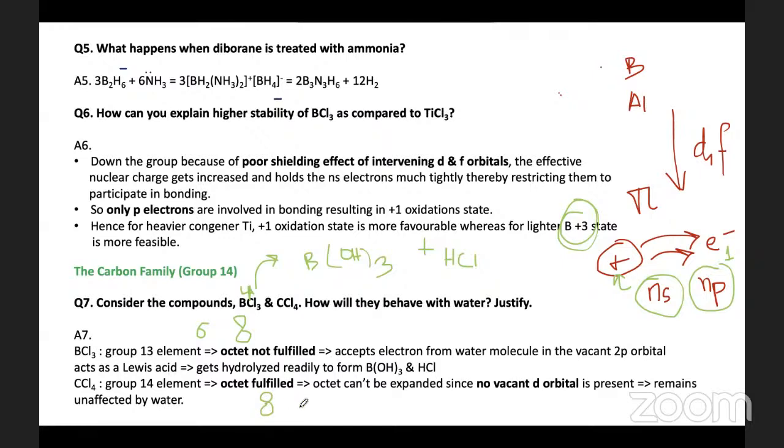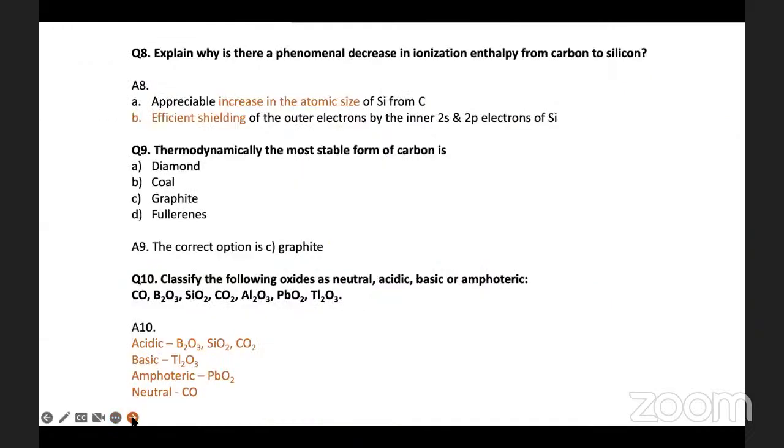Carbon has principal quantum number 2, so it cannot expand its octet, because 2d is impossible. d comes from principal quantum number 3. Since the octet cannot be expanded and there is no vacant d orbital, the water molecule cannot attack CCl4, because it has no vacant space. That's why CCl4 remains unaffected by water. But BCl3 gets readily hydrolyzed.